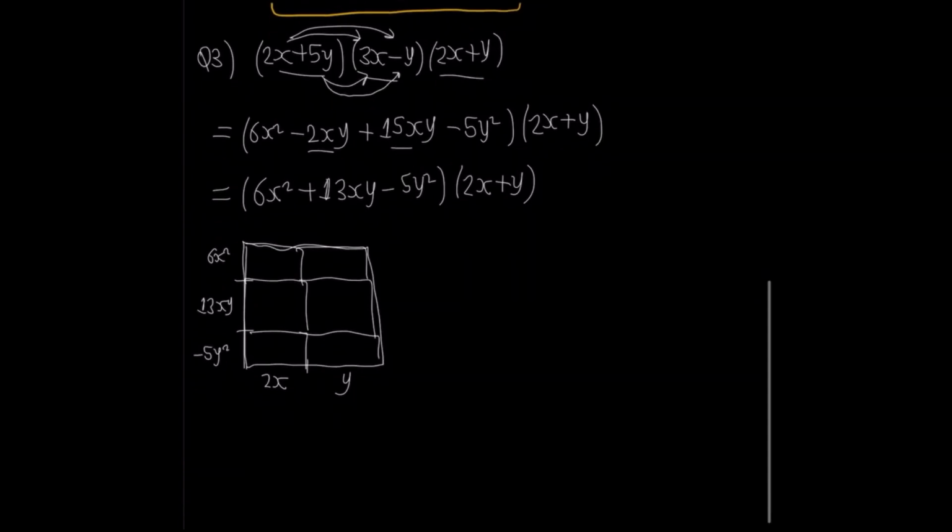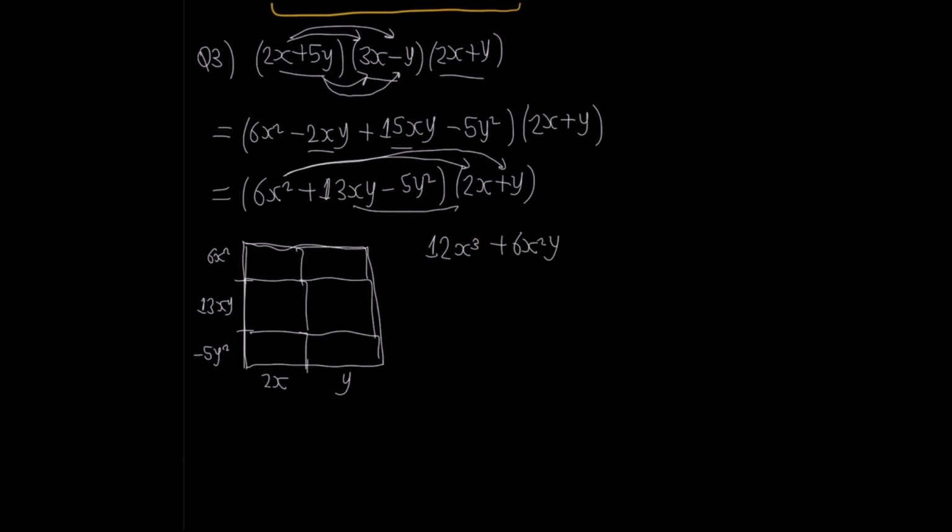So if we do that, we get, I'll draw the arrows, 6x squared times 2x is 12x cubed. 6x squared times y is plus 6x squared y.